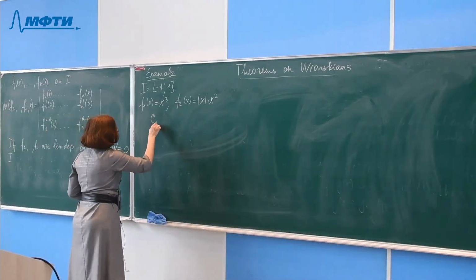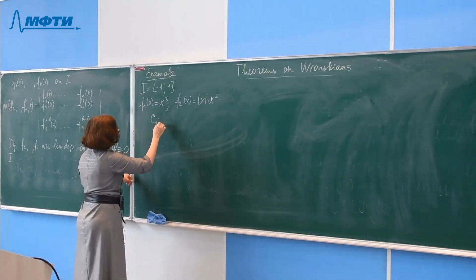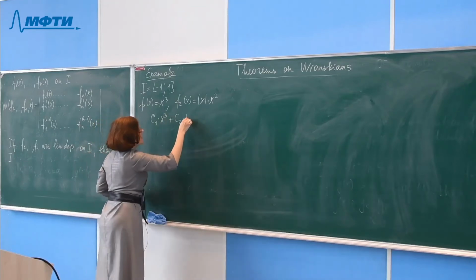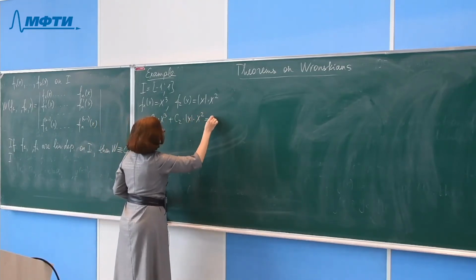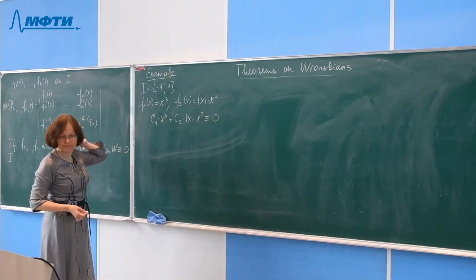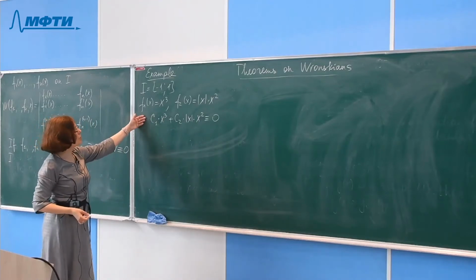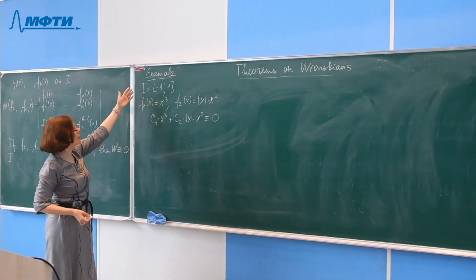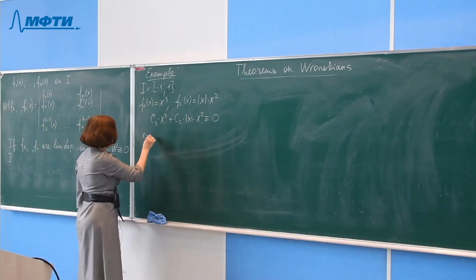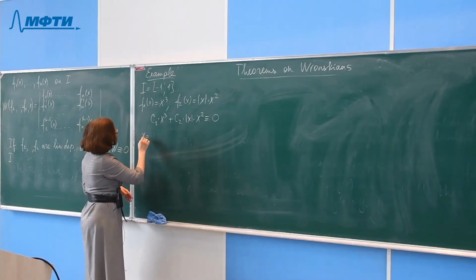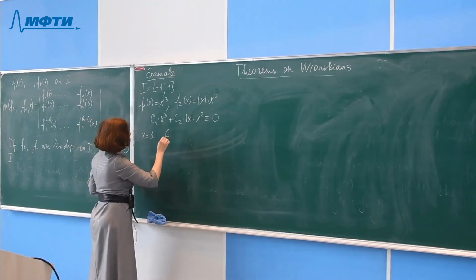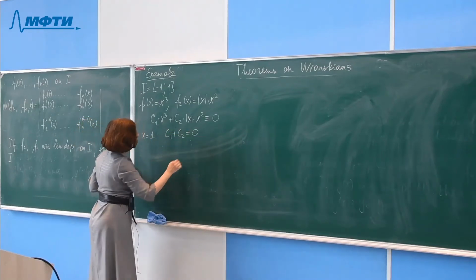Okay, suppose not. Suppose there are two non-zero constants such that c1 times x cubed plus c2 times the absolute value of x times x squared is identically zero, is a zero function. So this should be satisfied at any point of this interval. For example, it should be satisfied for x equals 1. Let's substitute 1 into this equation. So we have c1 plus c2 equals 0.